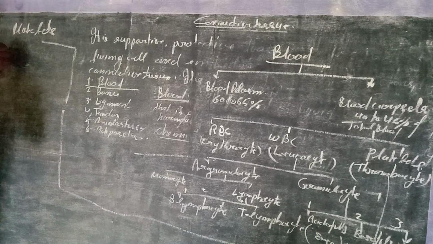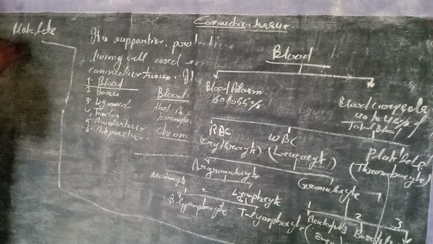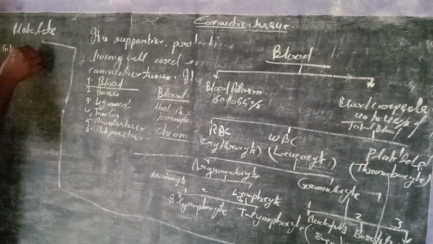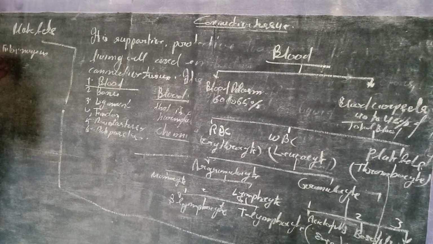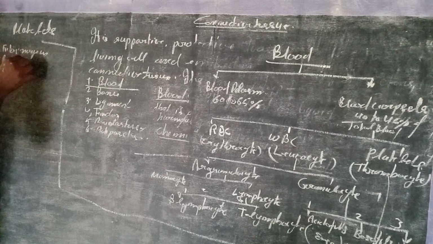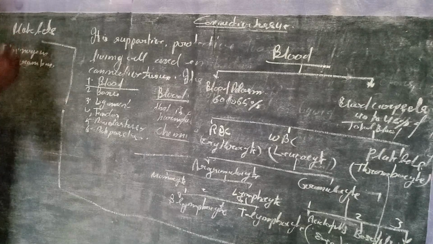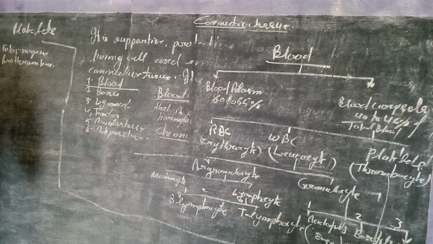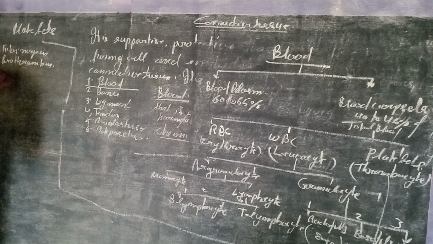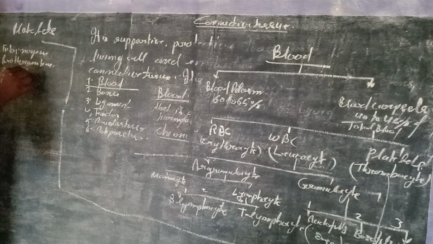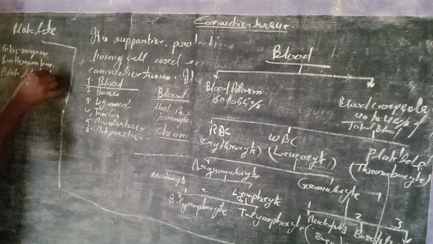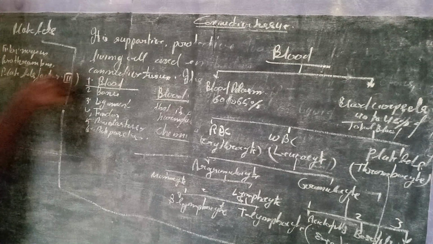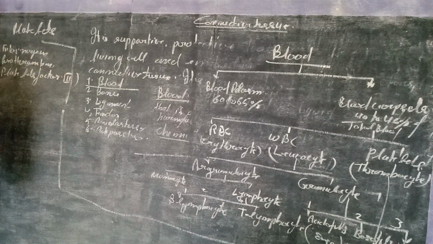First is fibrinogen. Second is prothrombin. Third is the platelet factor. Fourth is calcium ions.